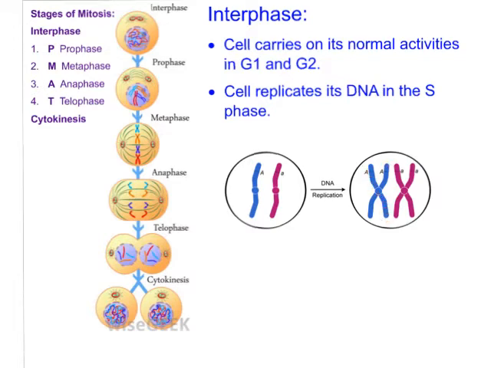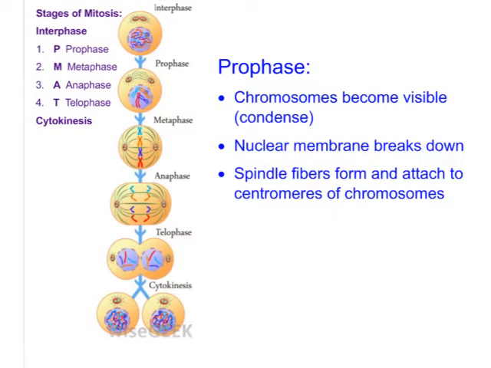Here, they have been replicated. We have replicated DNA, and remember, these are called sister chromatids. This happens in interphase.